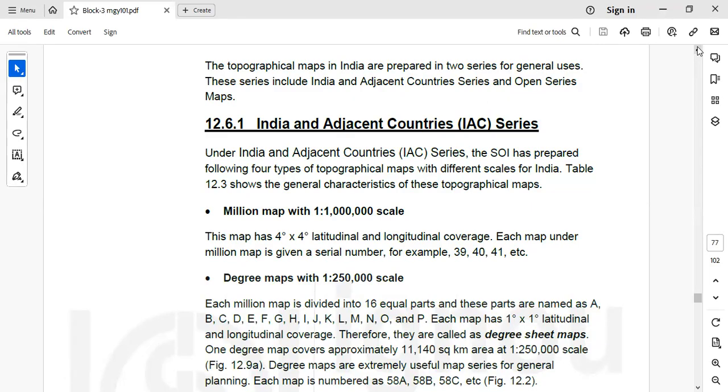Then we have the degree map. Each million map is divided into 16 equal parts, and these parts are numbered as A, B, C up to P. Each map has 1° latitudinal and longitudinal coverage. Therefore, they are called degree maps. One degree map covers 11,140 square kilometers of area, and its scale is 1:250,000.